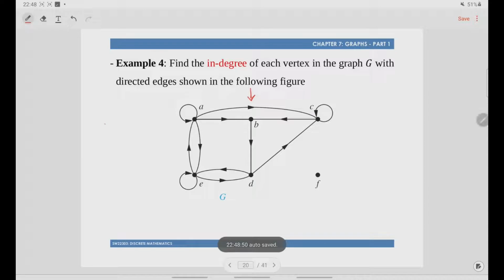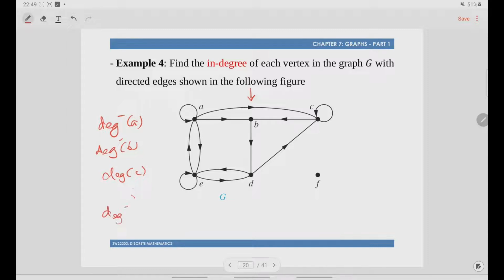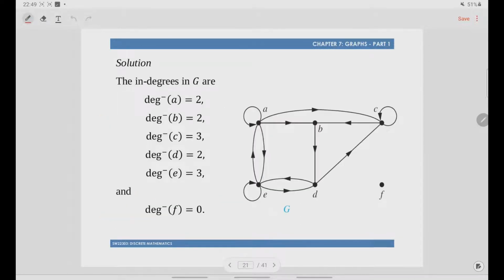That means we need to find the in degree of the vertex A, the in degree of the vertex B, the in degree of the vertex C, up to the in degree of the vertex F. Let's see how to answer this question.